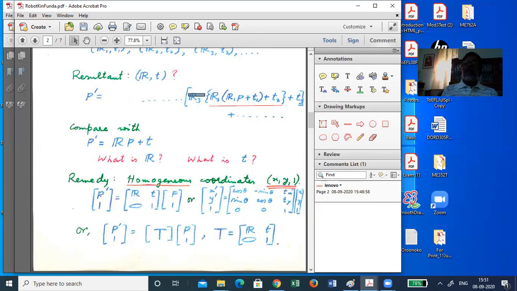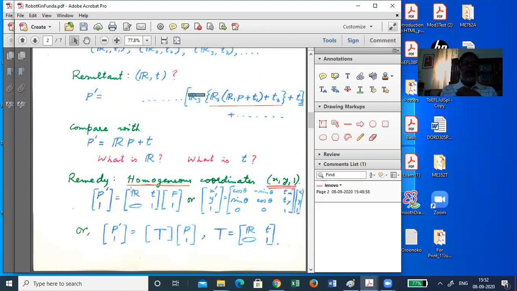On this side also, for the new coordinates, you will write x prime, y prime and a dummy 1. And then, in order to map this appropriately through this RP plus T, see, this is a 3D vector now. This is also a 3D vector.